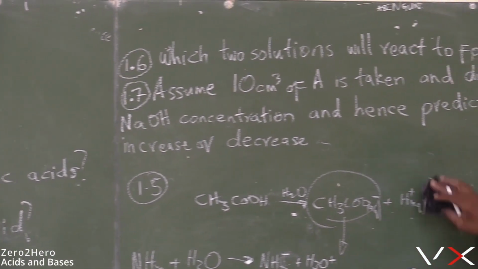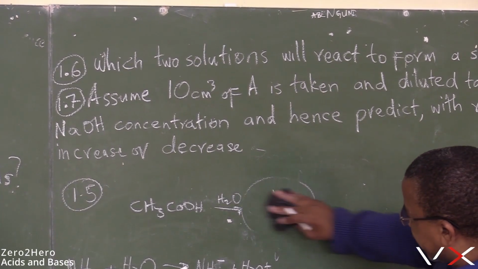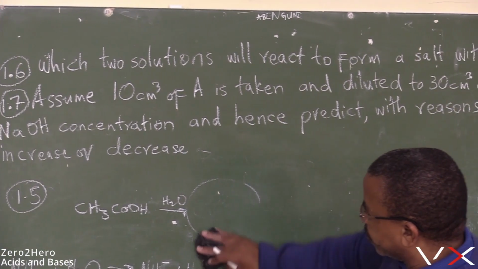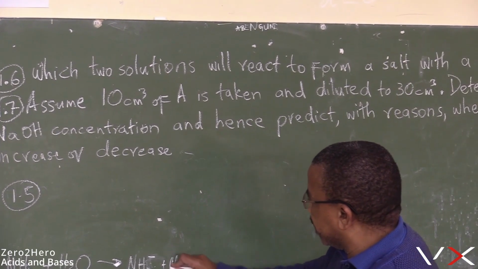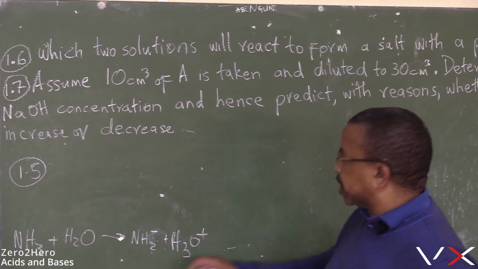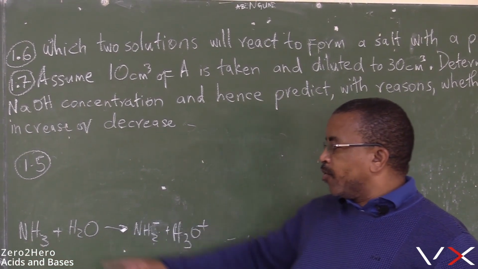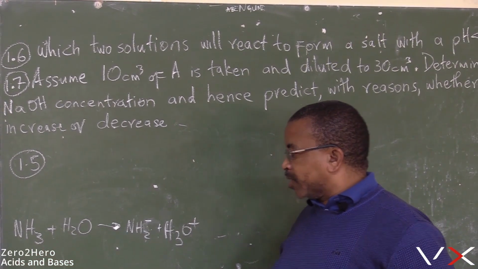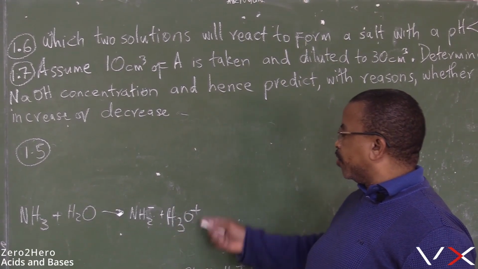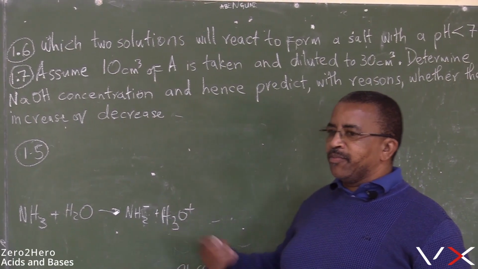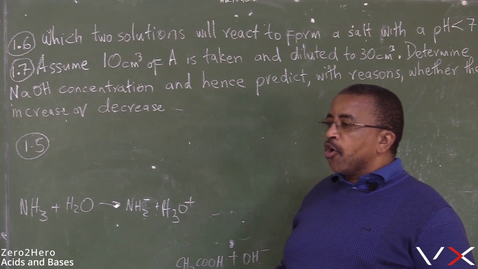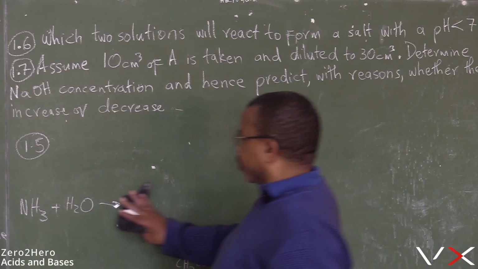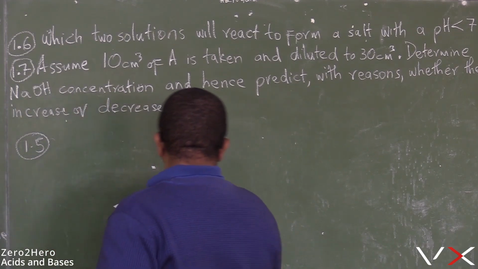It cannot be this one, but this one. If it's ammonia in water, ammonia will donate H plus, then a lot of hydronium ion will be formed, hence decreasing the pH of the solution. So it's P and D.